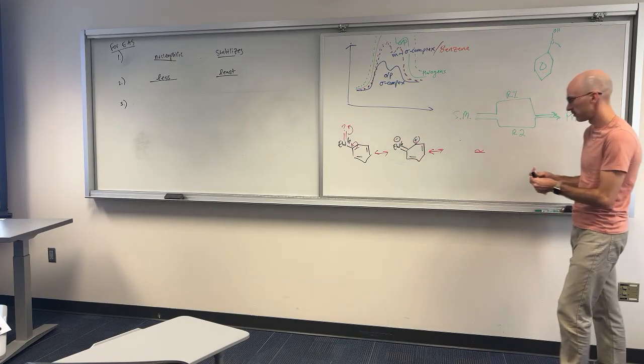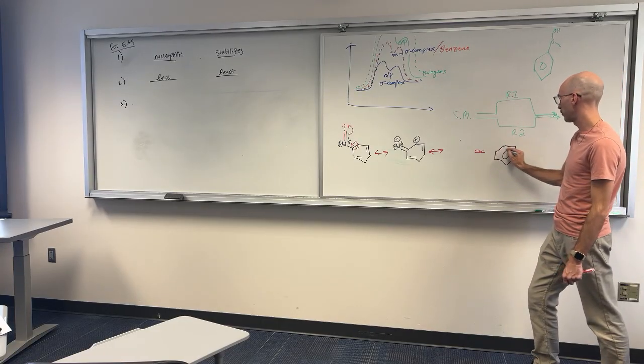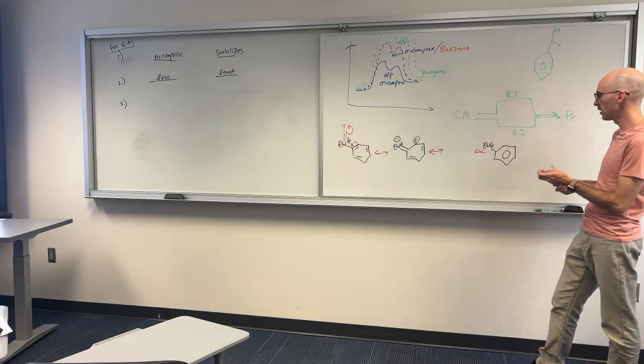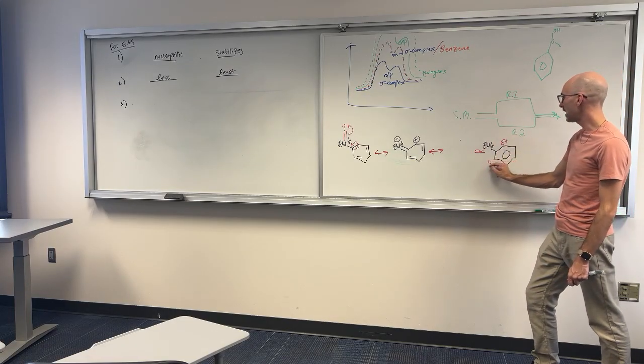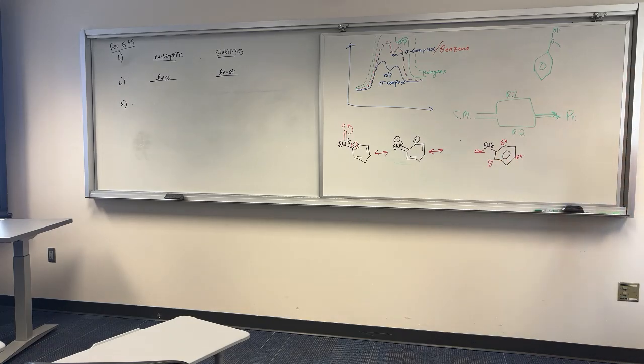All together, that gives us a similar structure to what we had before, but flipped, where I don't have partial negative character ortho-para. My electron withdrawing groups give me partial positive character ortho-para.